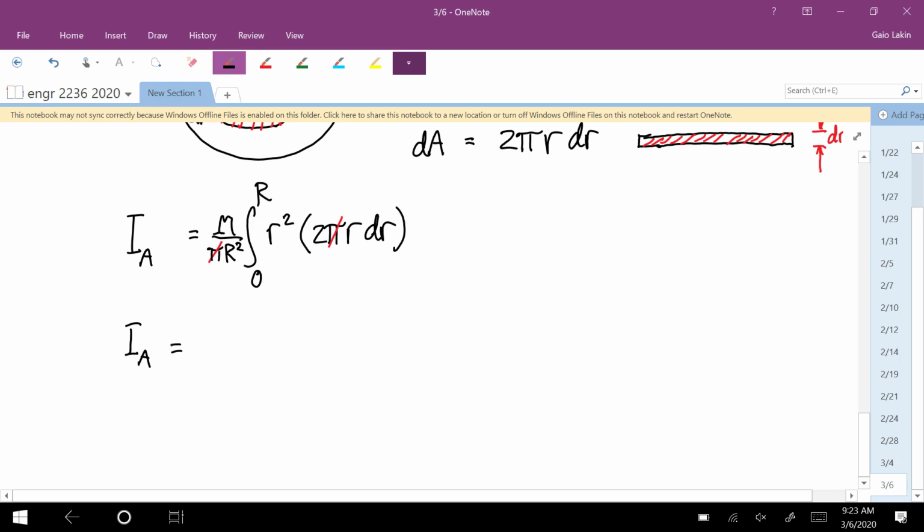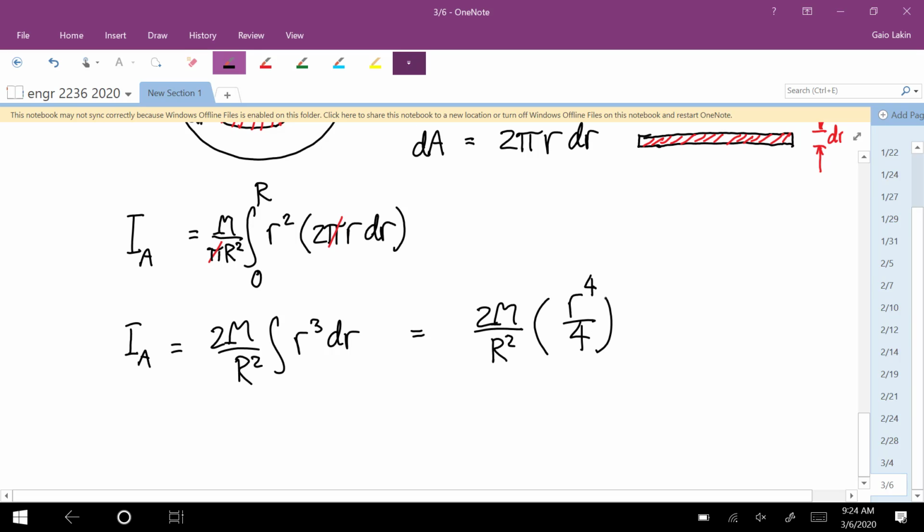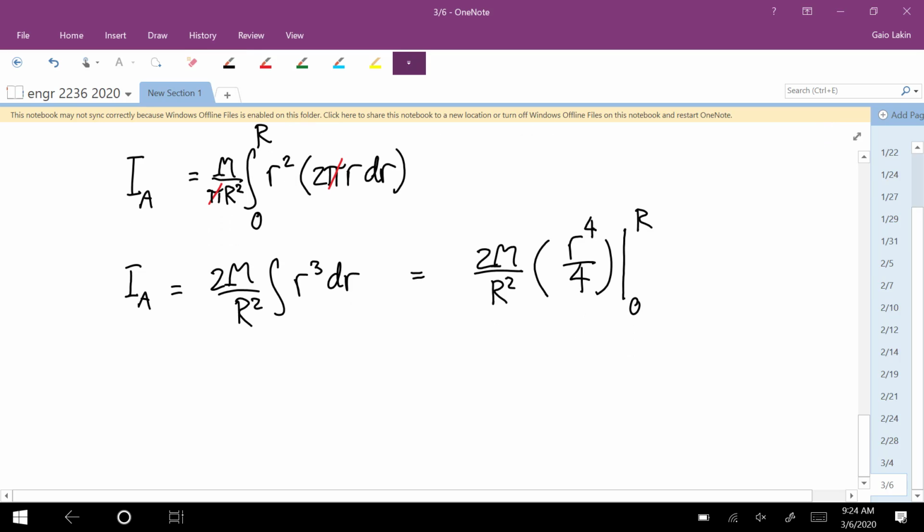And so I sub A is equal to big M over big R squared, and let's pull the 2 out here too, that's a constant, times the integral of little r cubed dr. And so that's 2 big M over big R squared times little r to the 4th over 4, evaluated from 0 to big R. Plug in the big R value for little r, you get big R to the 4th over 4; plug in the 0, you get 0.